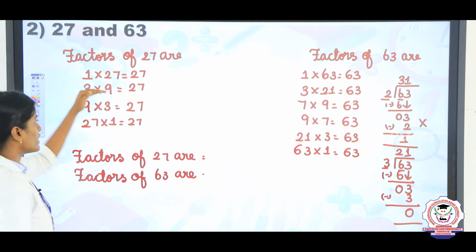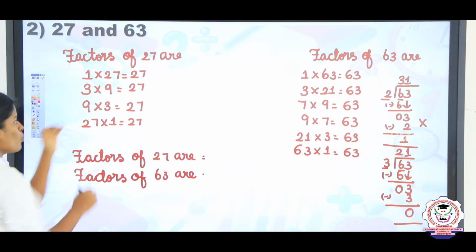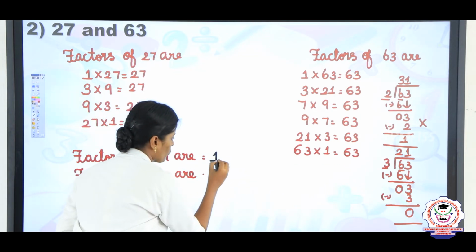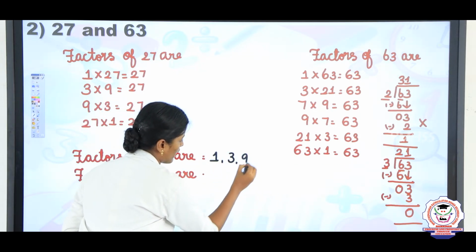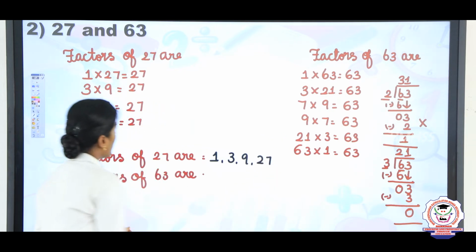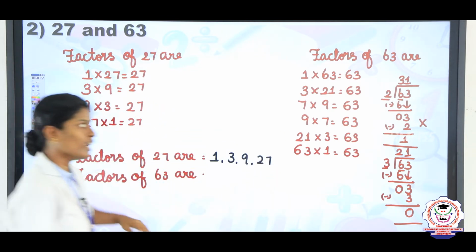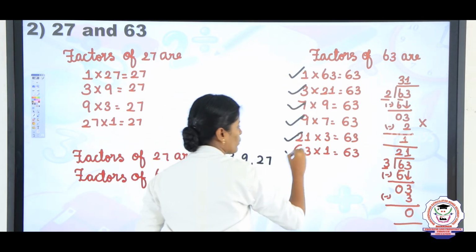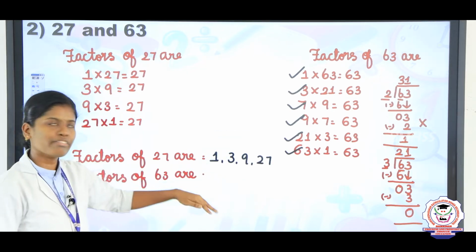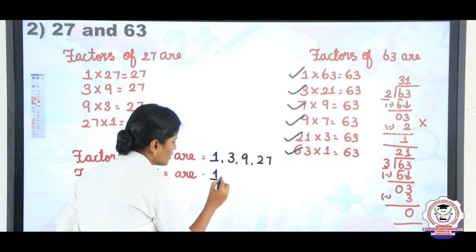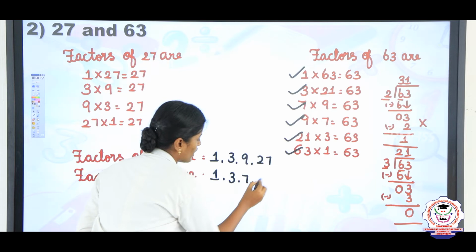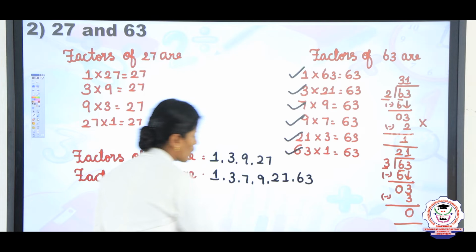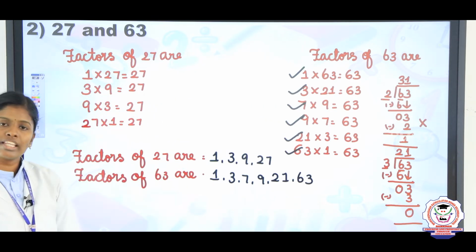The factors of 27 are 1, 3, 9 and then 27. So write here 1, 3, 9, 27. And then the factors of 63 are 1, 3, 7, 9, 21 and 63. So write the factors 1, 3, 7, 9, 21 and then 63.